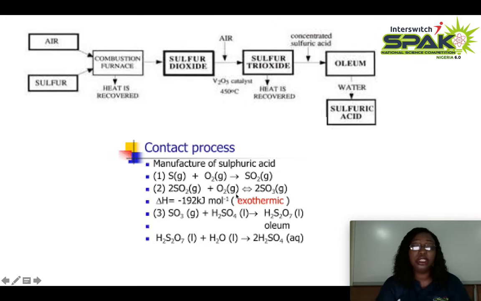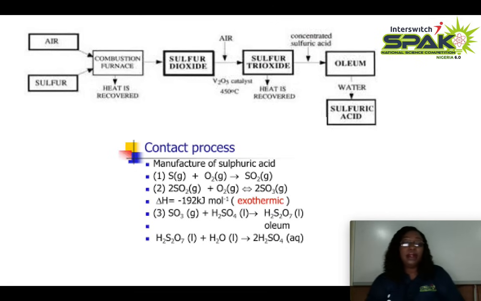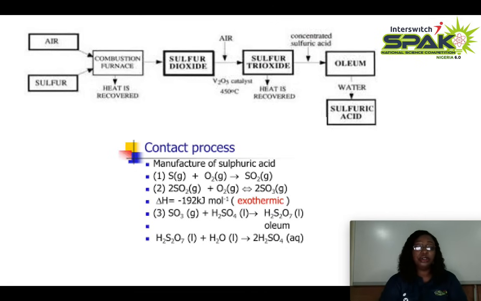SO2 plus oxygen, the reversible reaction, to give you SO3, that's sulfur trioxide or sulfur(VI) oxide. It's an exothermic reaction. Then sulfur trioxide dissolves in H2SO4 to give you oleum. Oleum dissolves in water to give you sulfuric acid. This process is known as the contact process and is one of the most used processes we have in industries.